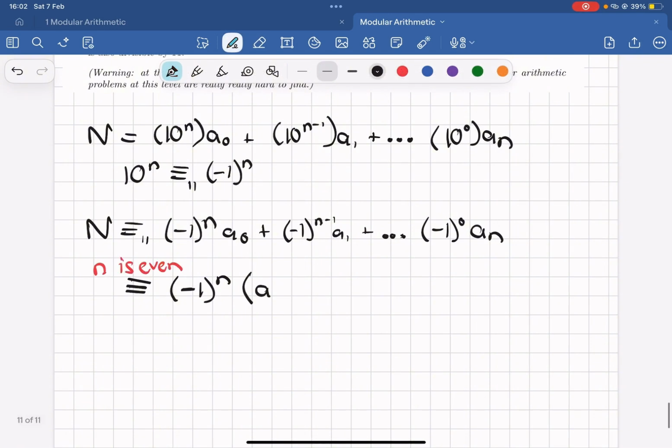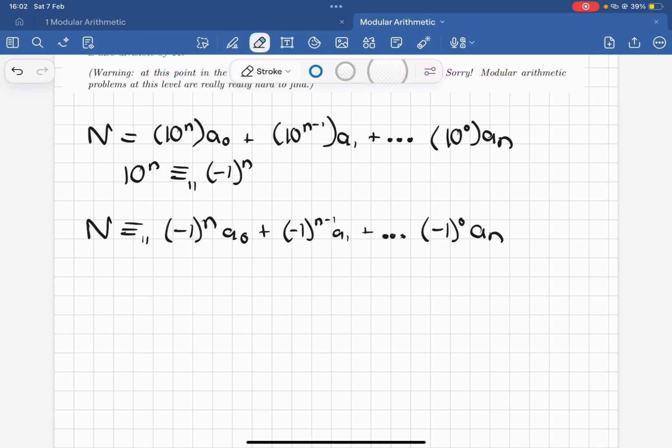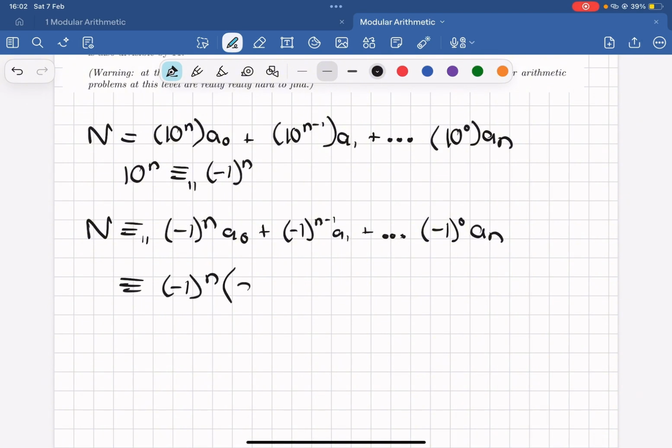We can just do this generally, so minus 1 to the n is factorized out, and we have a0, then minus a1. We have to switch signs because if we go from even to odd or odd to even, minus 1 becomes minus 1 or 1. We're just bouncing between these two numbers.